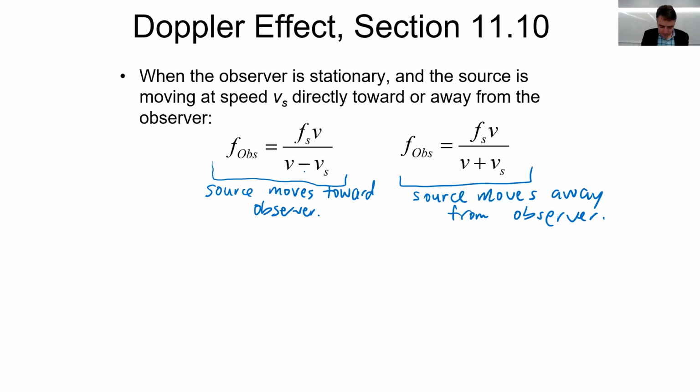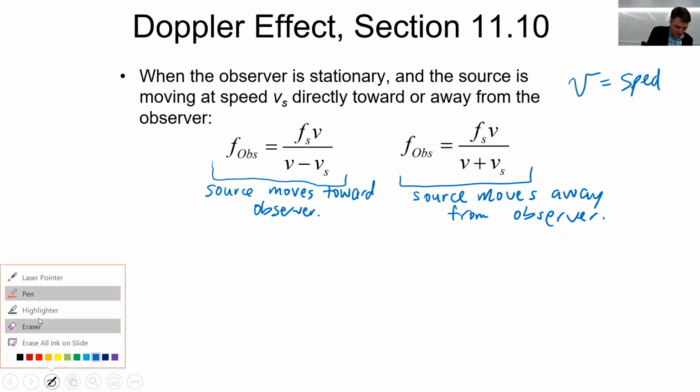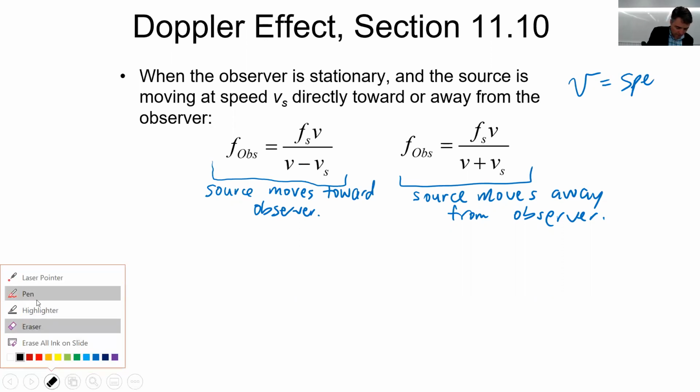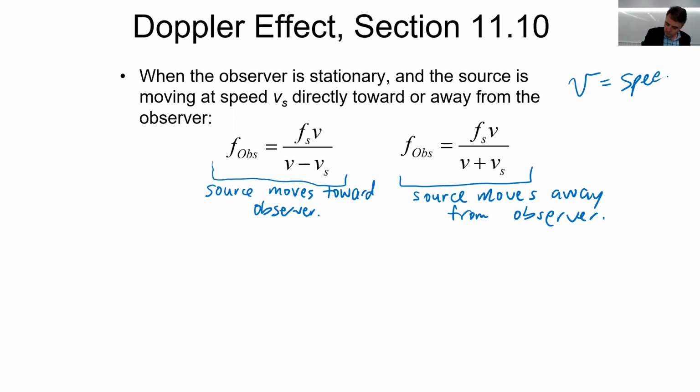So V minus Vs, where V is the speed of sound in air, 340 meters per second.